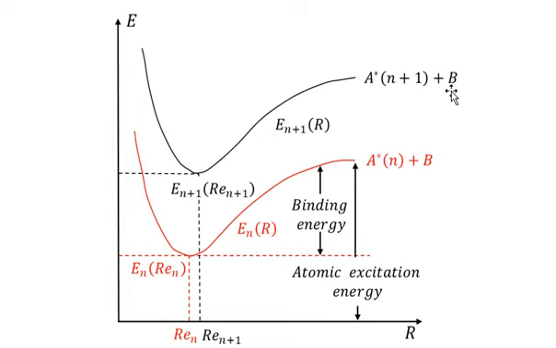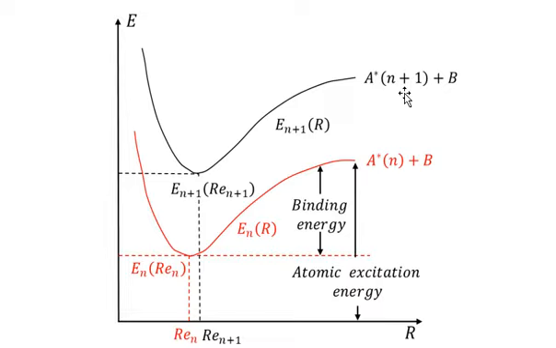So I am considering here in this figure two consecutive Rydberg states. One Rydberg state is represented by the principal quantum number n, and the next Rydberg state by n plus 1. I have put a star on A in both of these states, that is A star of n and A star of n plus 1.